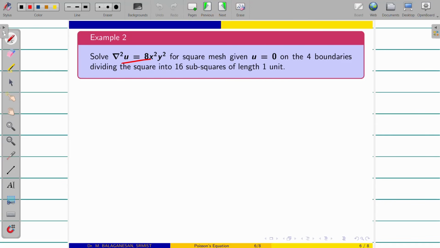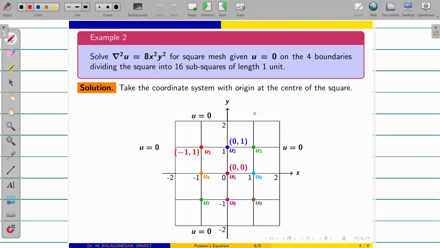Second question: del square u equal to 8x square y square, for a square mesh, with u equal to 0 on the four boundaries. We have to divide the square into 16 subsquares of length 1 unit. Look at that.